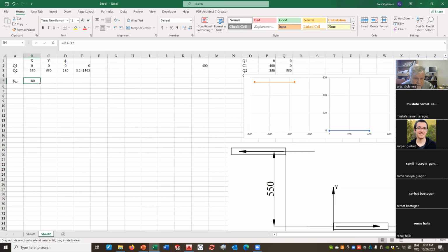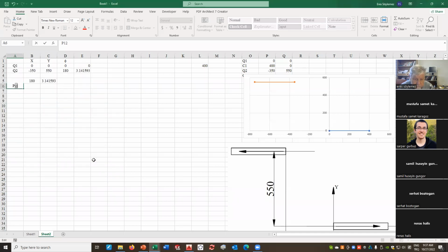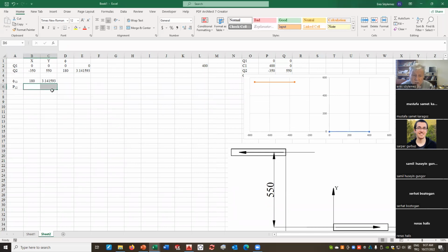That's the amount of angular rotation. P12, mark these two cells.